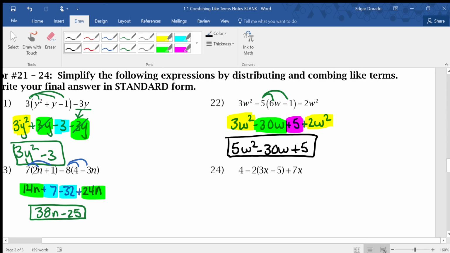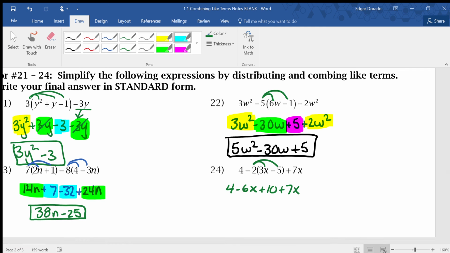Okay, let's continue. I see right away a parentheses here, so I'm going to distribute. So I'm going to rewrite my 4 because I haven't touched that yet. Now I want to do negative 2 times 3. That's a negative 6x. Now negative 2 times negative 5 is a positive 10. And finally, because I didn't do anything with my 7x, I'm just going to rewrite it.